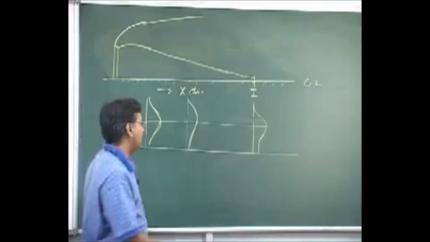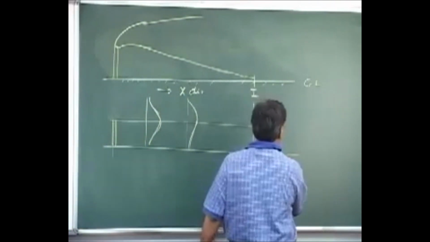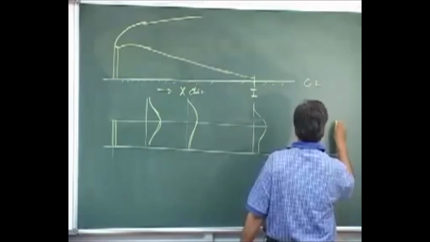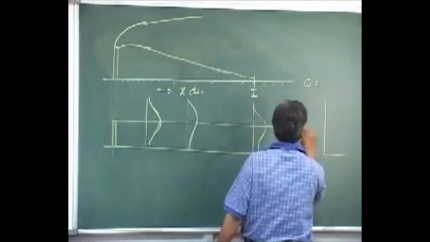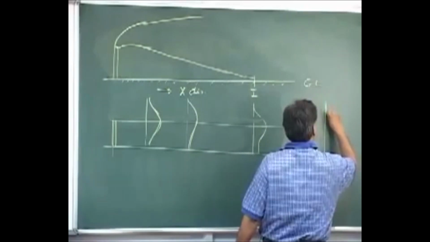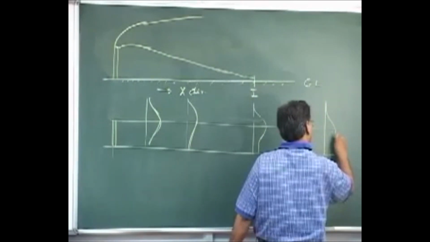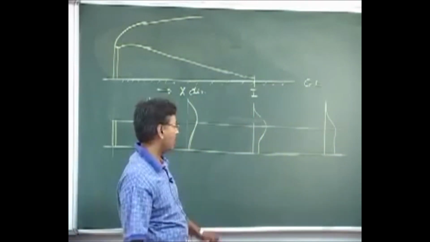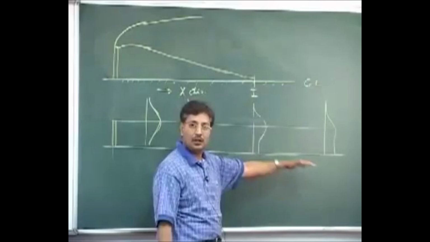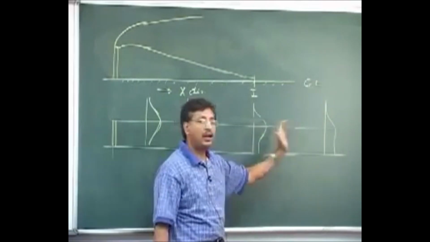Suppose I again see it after some time, a little very far away. You may find this is my center line, and it should be like this. It may become more flattened, because there is again something added up.